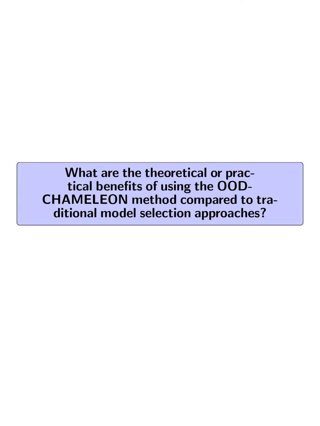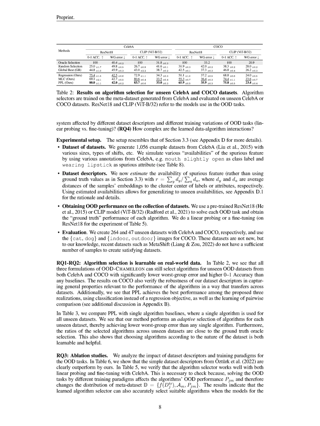What are the theoretical or practical benefits of using the OOD-CHAMELEON method compared to traditional model selection approaches? The OOD-CHAMELEON method offers significant theoretical and practical advantages over traditional model selection approaches.